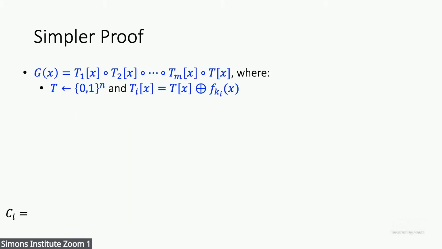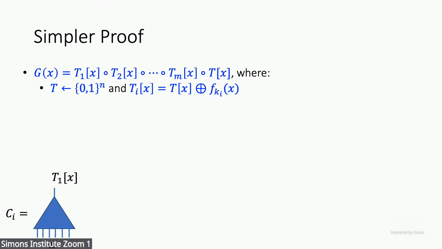Now I want to construct circuits that compute this function. I'm going to define m circuits. For every index i, I define a circuit Ci. First, for each of the functions t1 to tm, I construct a trivial circuit that computes the function.